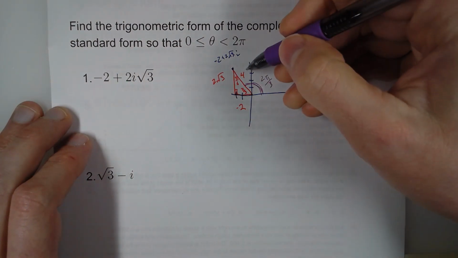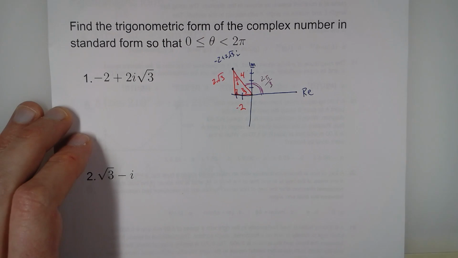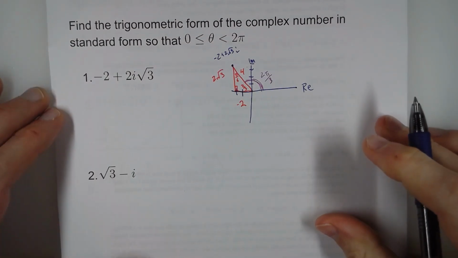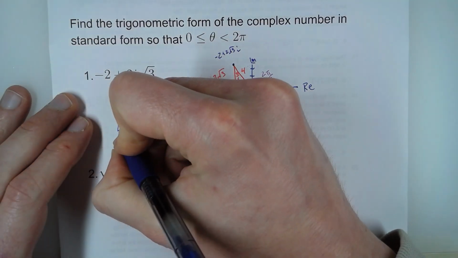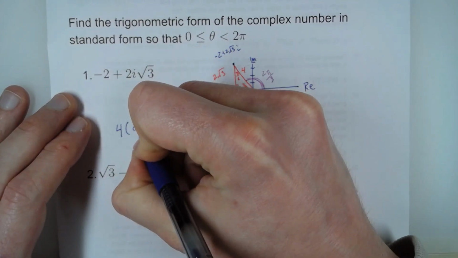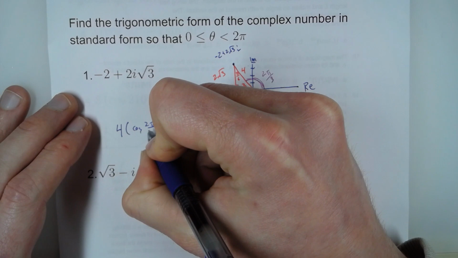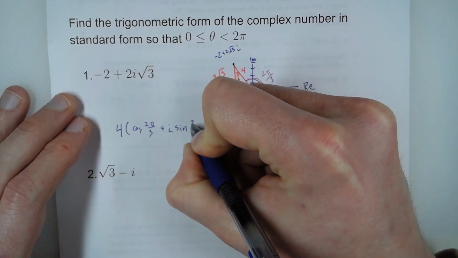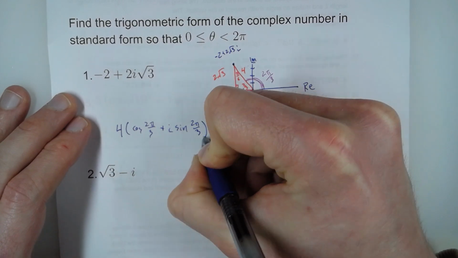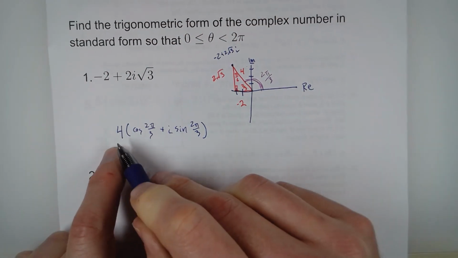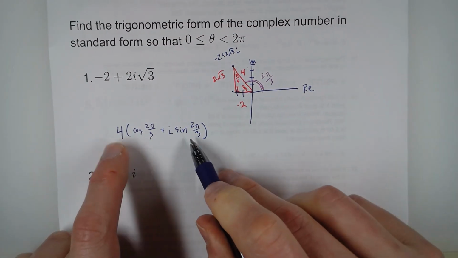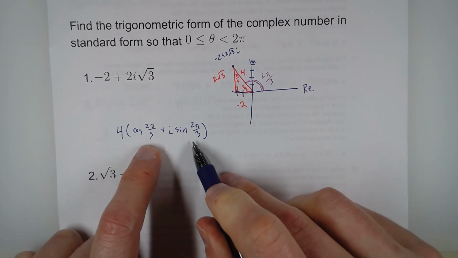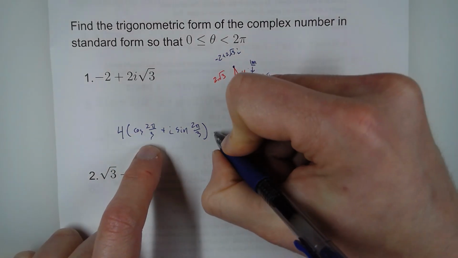Now we've got our magnitude and our angle, so we can write this in trigonometric form. There are two ways, and it depends on how your teacher or textbook prefers. Here's one way to write it: we put the magnitude out front, and then we put the angle next to sine and cosine like that.